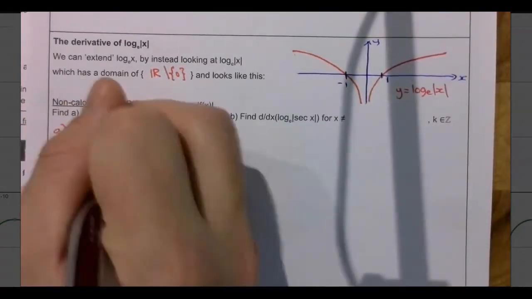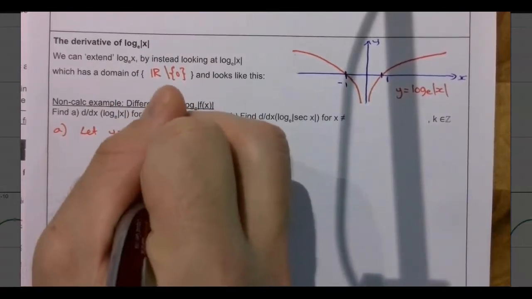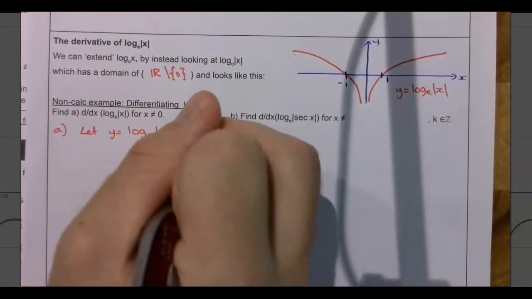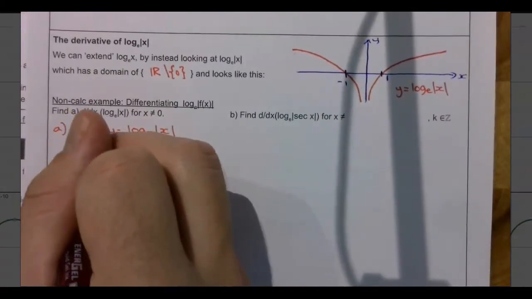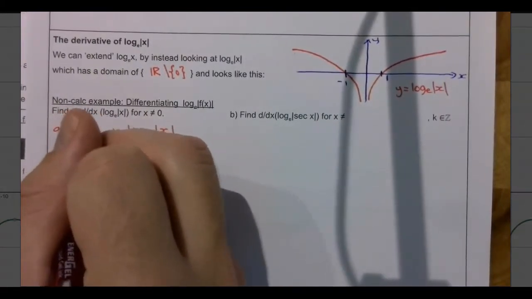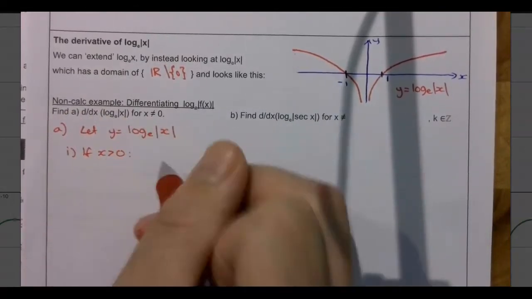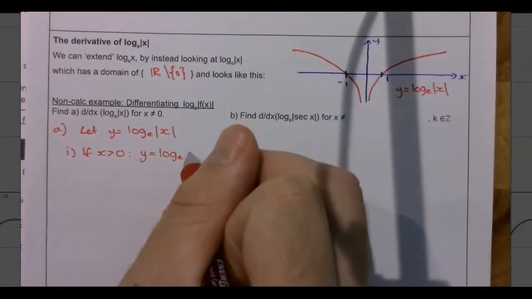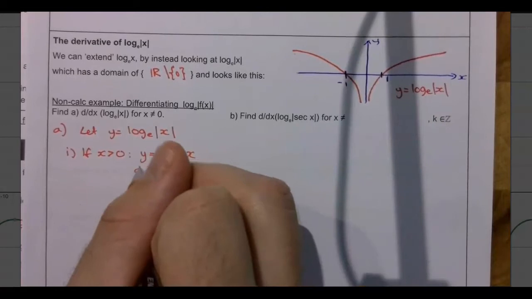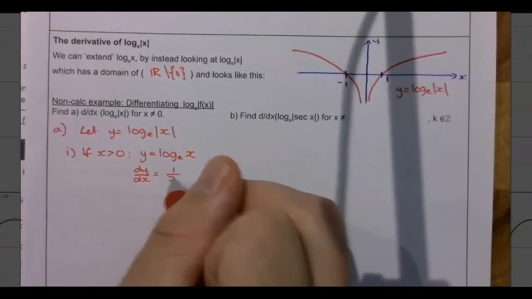So to formalize it here, if we let y be our function including the modulus, we're going to consider two cases. The first case is if x is greater than 0. So if x is greater than 0, the function is just log of x, and we know the derivative of that is 1 over x.